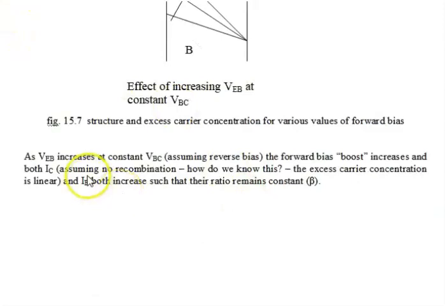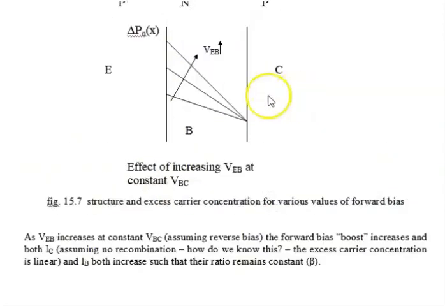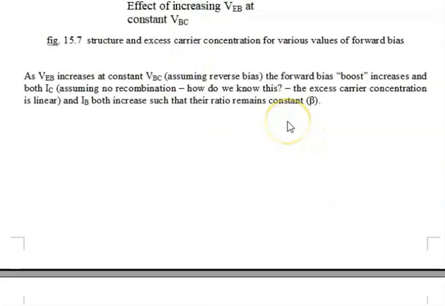So all this diagram says is basically as we increase EB at constant VBC, there is just a forward bias boost, and we get a greater IB and a greater IC. Their ratio is constant. Of course, the ratio is the beta of the device.